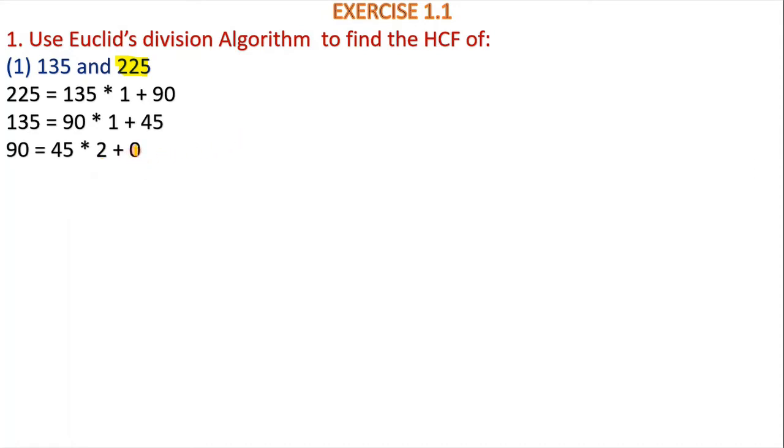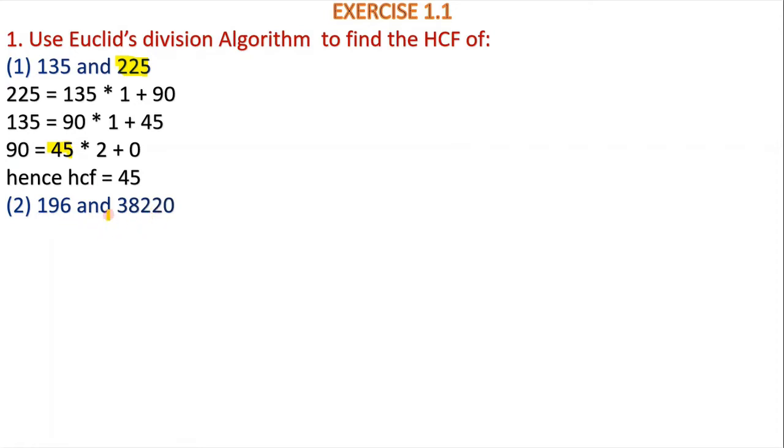Hence in this step the value of b, that is 45, is considered as the HCF for the given numbers. Another problem. Find the HCF of 196 and 38,220. Again the first step is to identify which is the larger number.